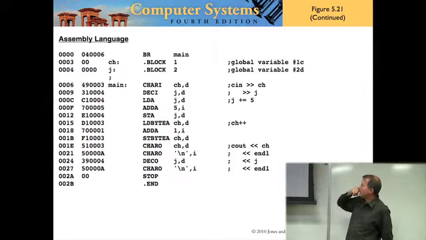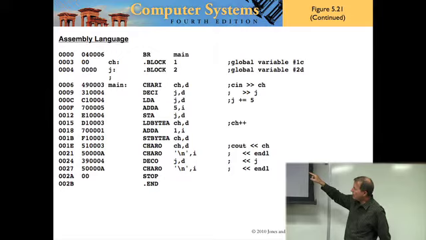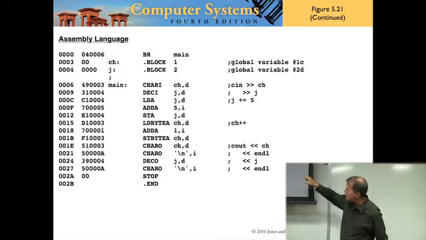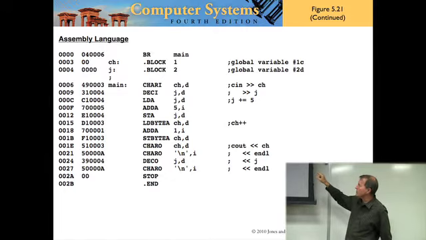Do you see the comment on the line with ch colon? It says global variable, then pound 1C. And on the one with the symbol J, at address 0004, it says .BLOCK 2, and the comment says global variable pound 2D.